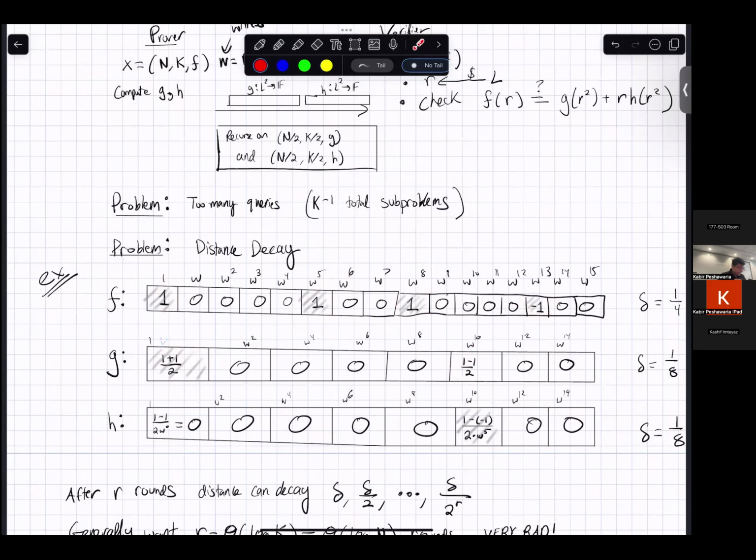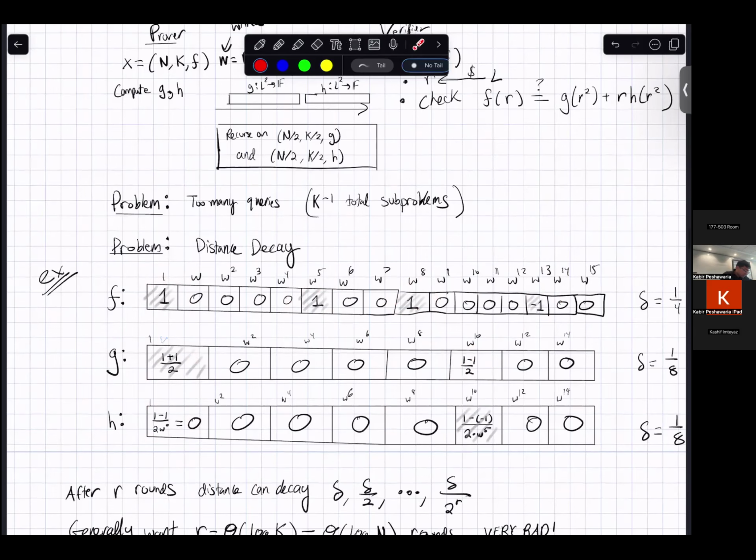But as a cheating adversary, I've defined my F in such a way that when you do these combinations, this error goes away. Despite the fact that I had errors here and here, when you combine them to calculate what G should be here, the error disappears. Similarly, I've made sure that if I combine this error and this error here, it just disappears.